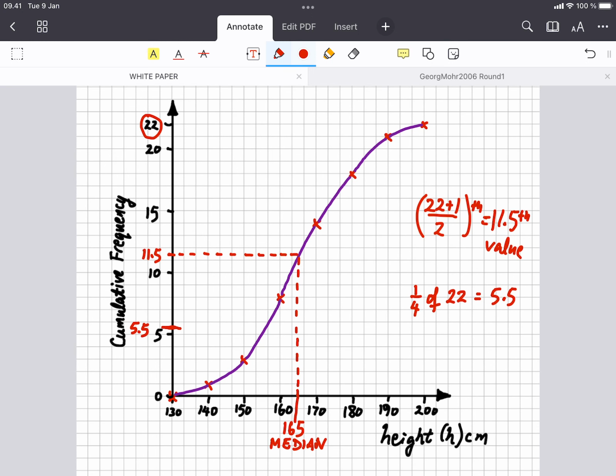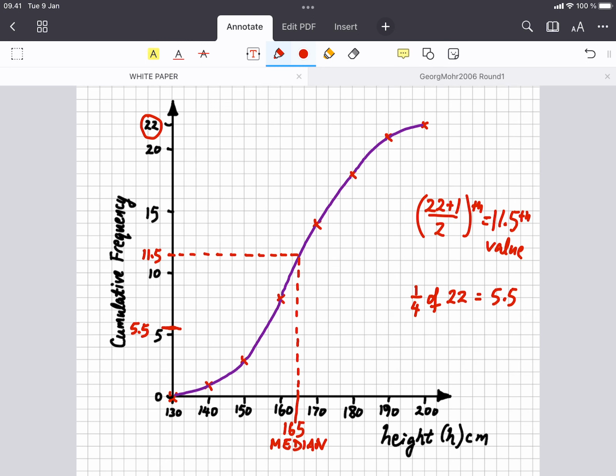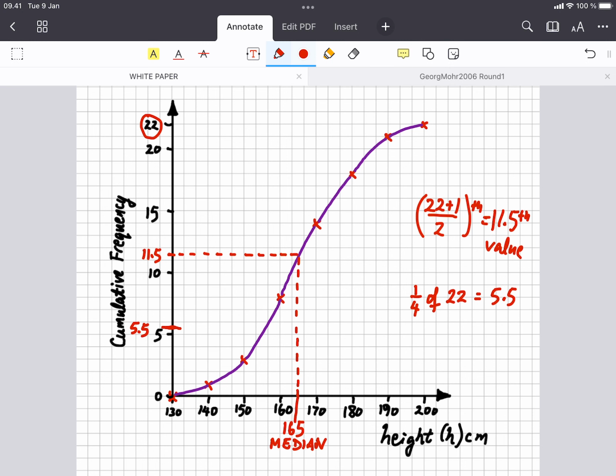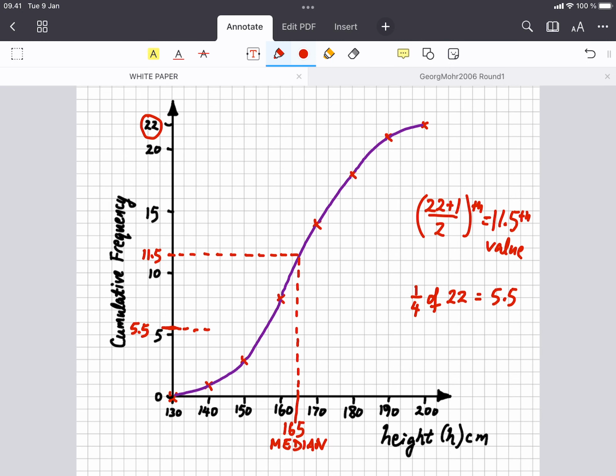So I can read across the 5.5th person just like that and get a value that is my estimate for the lower quartile.